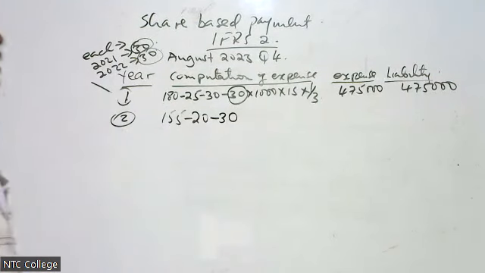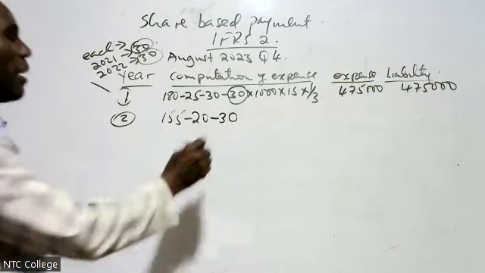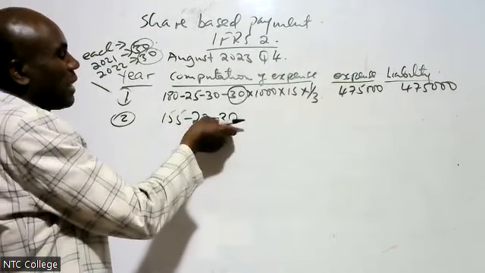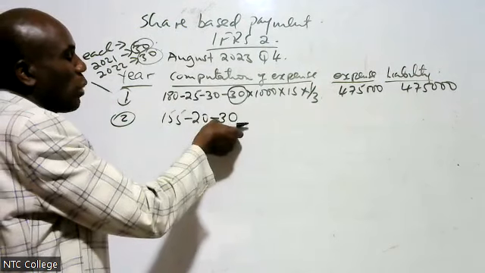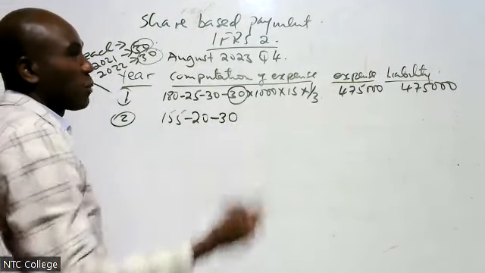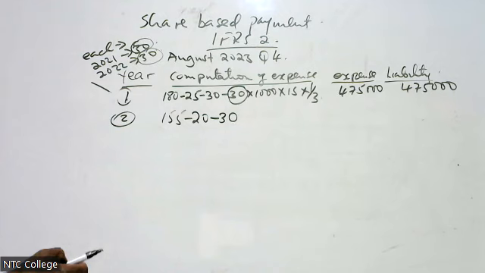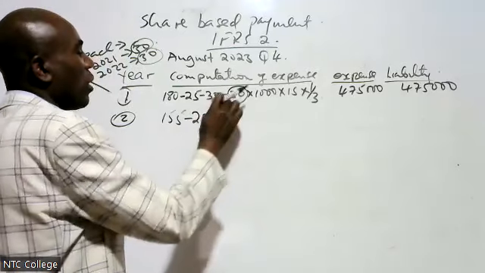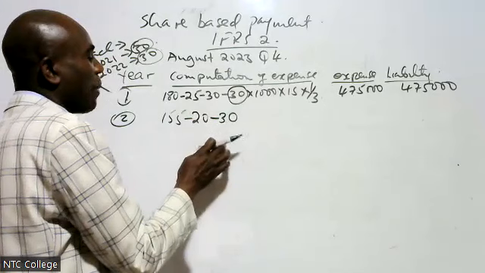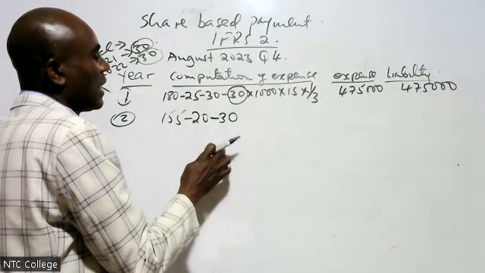Why am I subtracting 30? Because I'm in year 2, but remember my estimate of this 30 will still hold. It means that I'm still expecting that in year 3, 30 employees will leave. Therefore, I'm subtracting 30 here because of the estimate of year 3. I'm not yet in year 3.